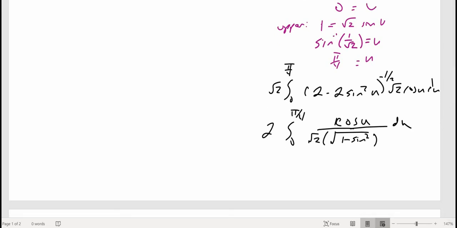So all I did here was write this as 2 times 1 minus sine squared of u. And of course that had the square root, and then I just pulled the square root of 2, that is, the product, up front.